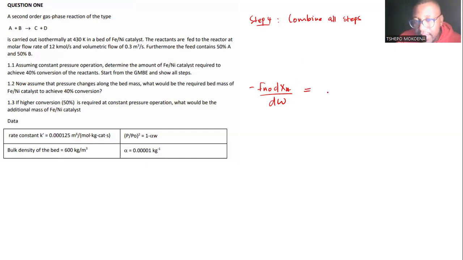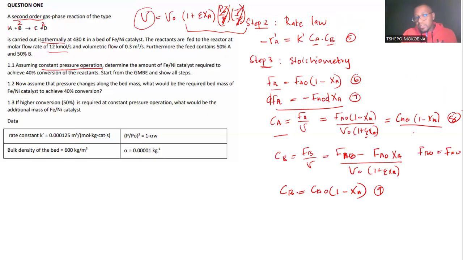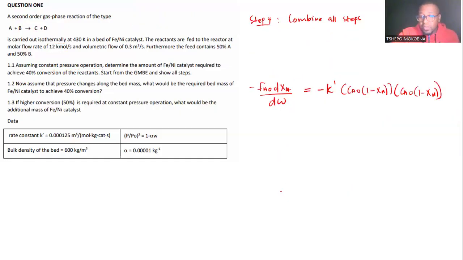So this will be given by negative k prime, concentration of A. We said that the concentration of A is going to be CAO (1 subtract XA), and then we said that the concentration of CB will be the same: CAO (1 subtract XA). Sometimes you won't get it exactly like this because it depends on what you did here and there, but as long as you understand what you are doing.